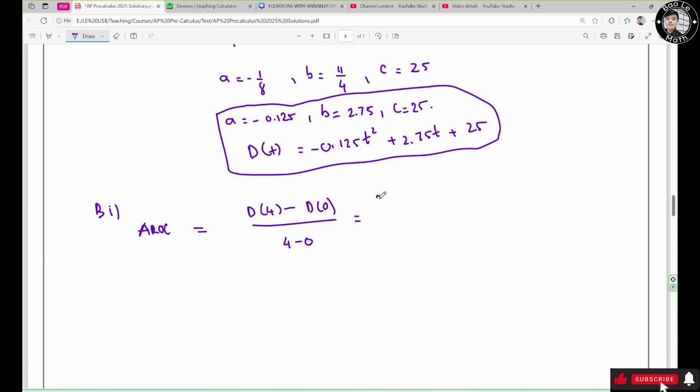So d of 4 is 34, minus d of 0 is 25, over 4. So it becomes 9 over 4, right? So 9 over 4 equals 2.25 thousand plays per month. Okay, question 2, part I.